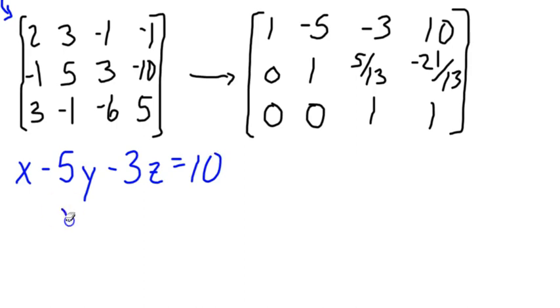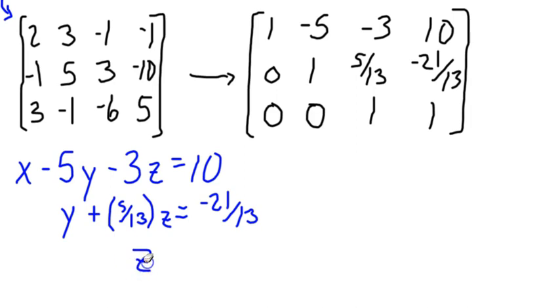So we have y plus 5/13 z equal to negative 21 over 13. Now for our third equation, we have 0x plus 0y, we don't have to write those values in there, so we have 1z, which is just z, equal to 1.